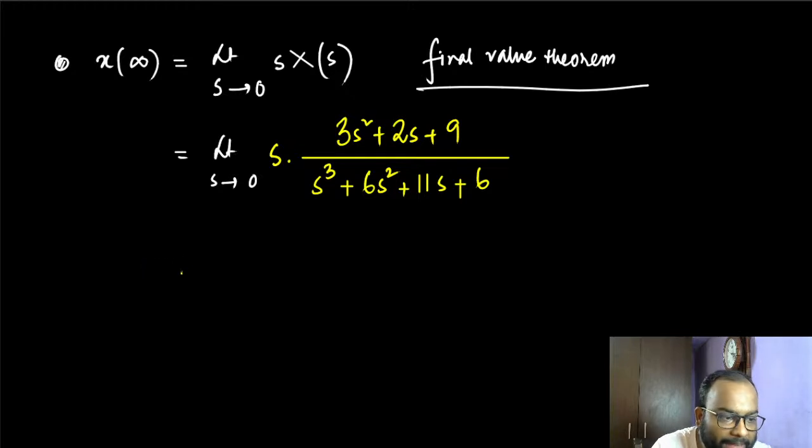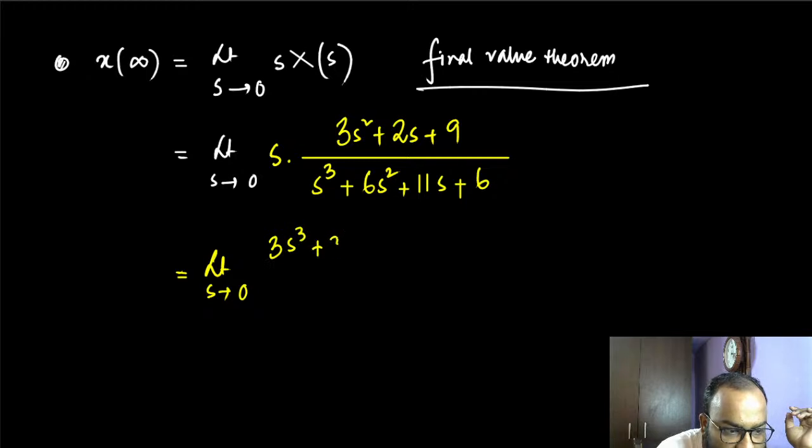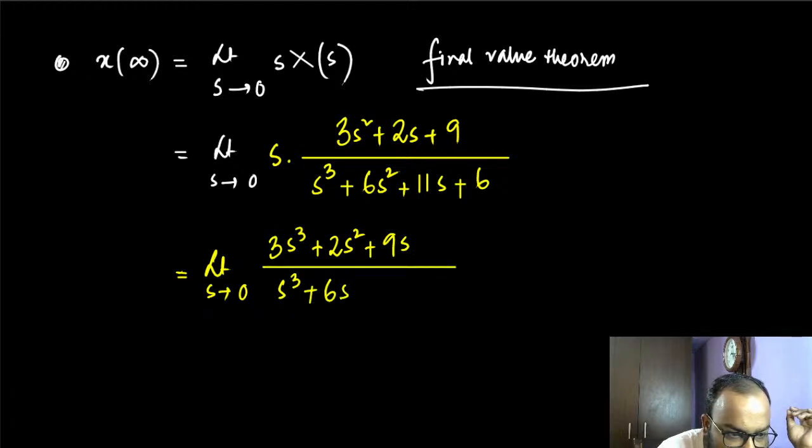So let's multiply the numerator with s, because I have an s here. So we are calculating limit s tending to 0, and then on the numerator I have 3s cubed plus 2s squared plus 9s, and here I have s cubed plus 6s squared plus 11s plus 6.